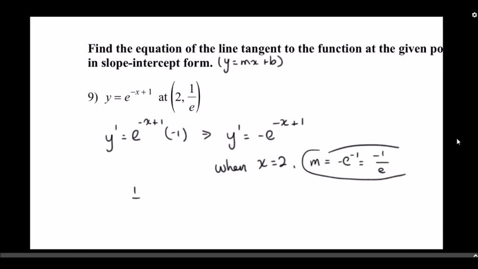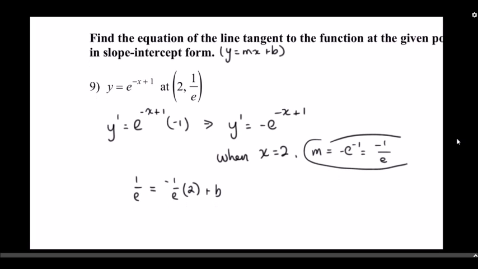So y value of 1 over e equals our slope, negative 1 over e, times our x value of 2. And then solve. We get b has a value of 3 over e, which means our equation is y equals our slope times x plus our b value.